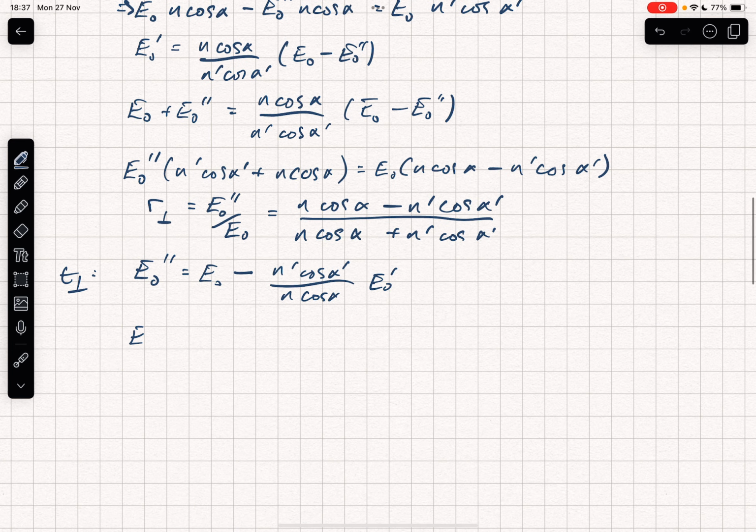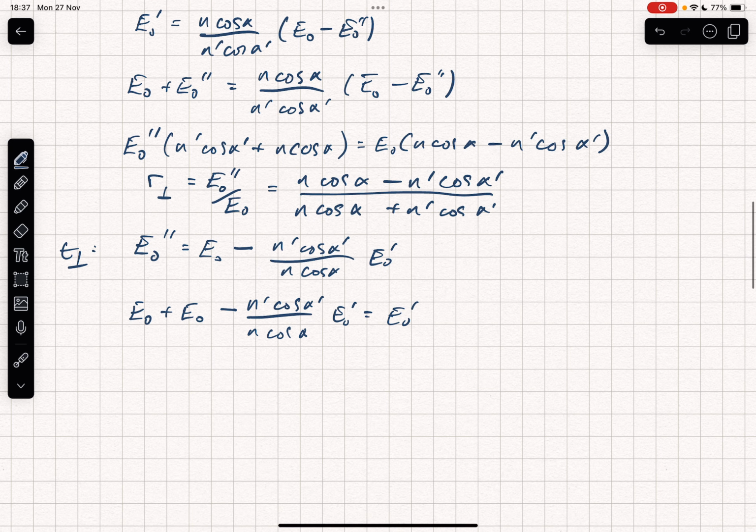Substituting in again, we find that we have E0 plus E0 minus n prime cos alpha prime over n cos alpha E0 prime is equal to E0 prime. So if we now multiply through by n cos alpha, we find 2 E0 n cos alpha is equal to E0 prime into n cos alpha plus n prime cos alpha prime.